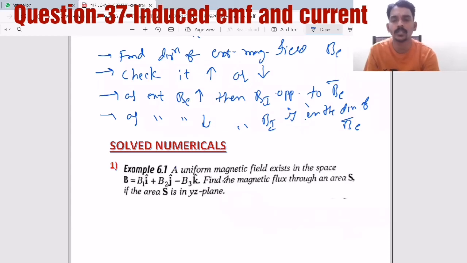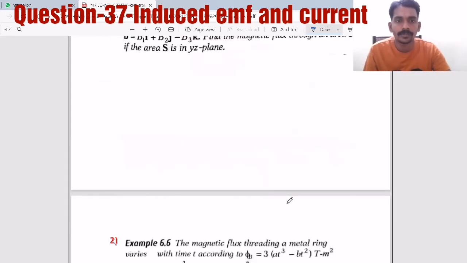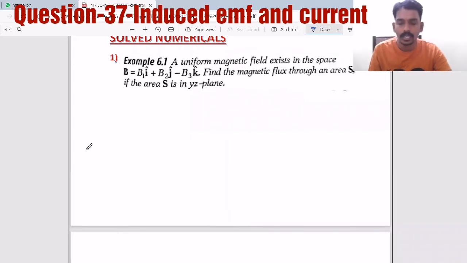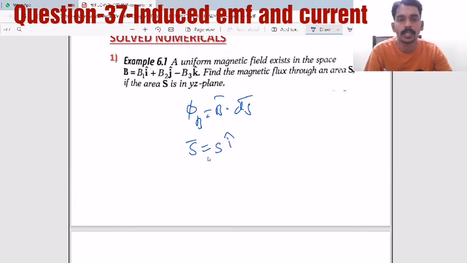Now based on these things, usually they will ask questions. Let's see a few questions. The very first question: a uniform magnetic field exists in space, B1 i cap, B2 j cap minus B3 k cap. Find the magnetic flux. Magnetic flux means B bar dot dS bar through an area S in the YZ plane. The area being in the YZ plane means its direction will be i cap, perpendicular to the plane.